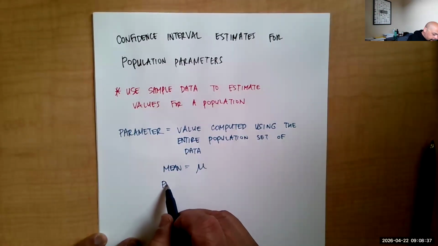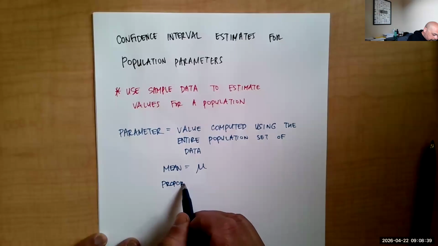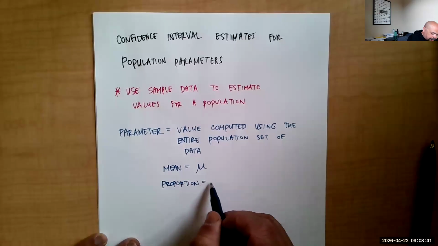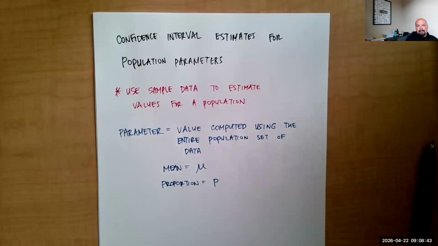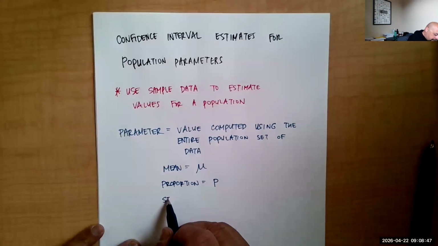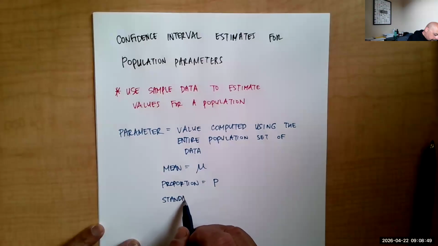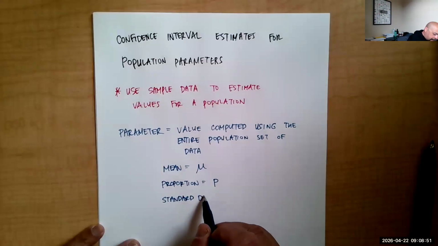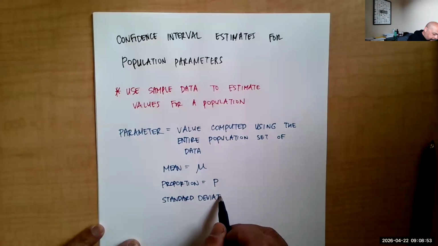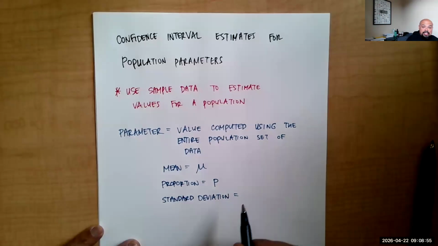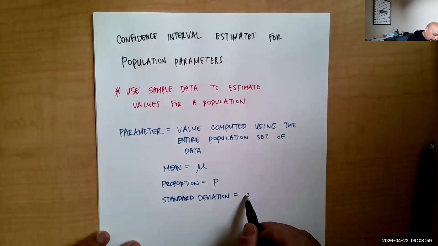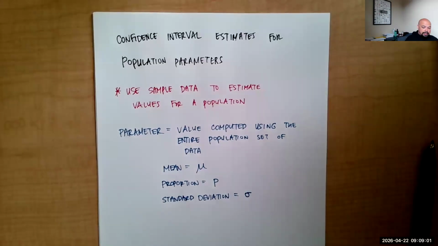For proportion, here we just use P, a capital P. And then for standard deviation, if we have the standard deviation for the population, that unadjusted standard deviation we've talked about before, that was the symbol sigma, those Greek letters.